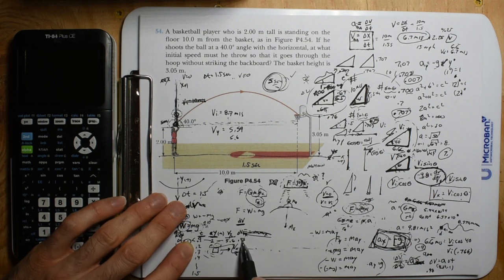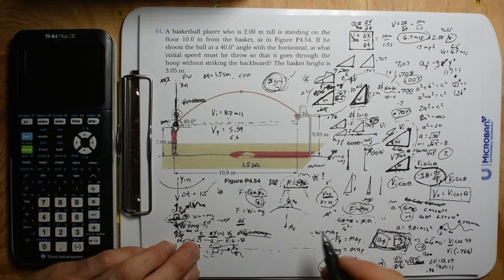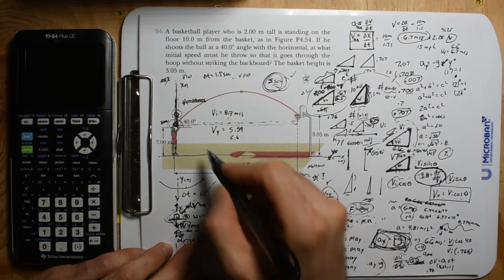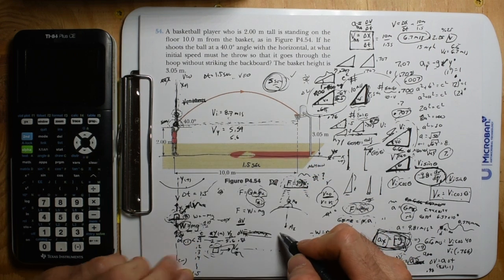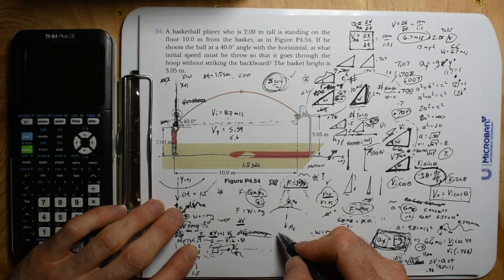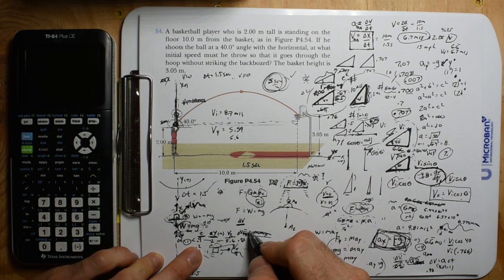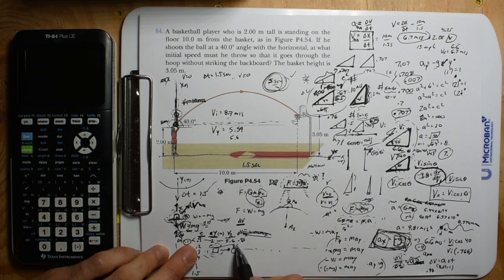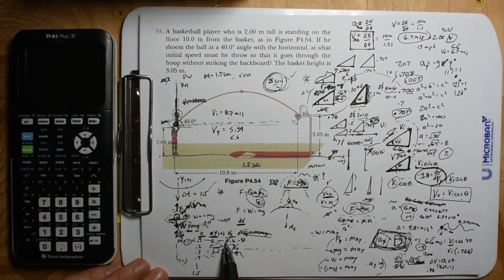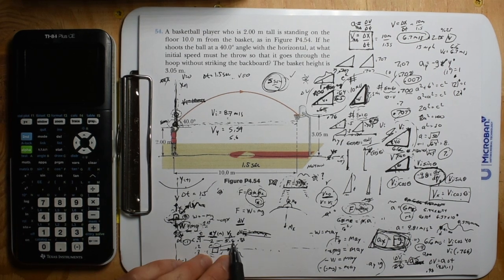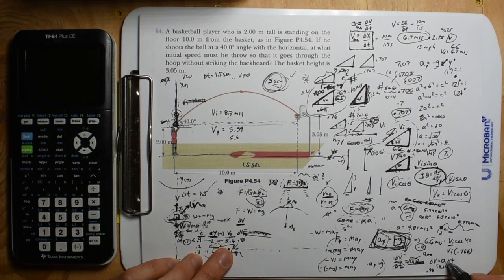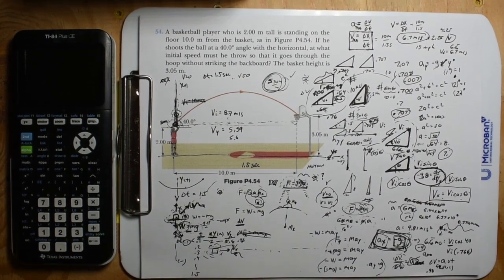Oh, my bad, the thing that I didn't do first. No, we did it. We said it had an initial velocity of 5.6, and if we did the units on this, this is a negative 9.8.